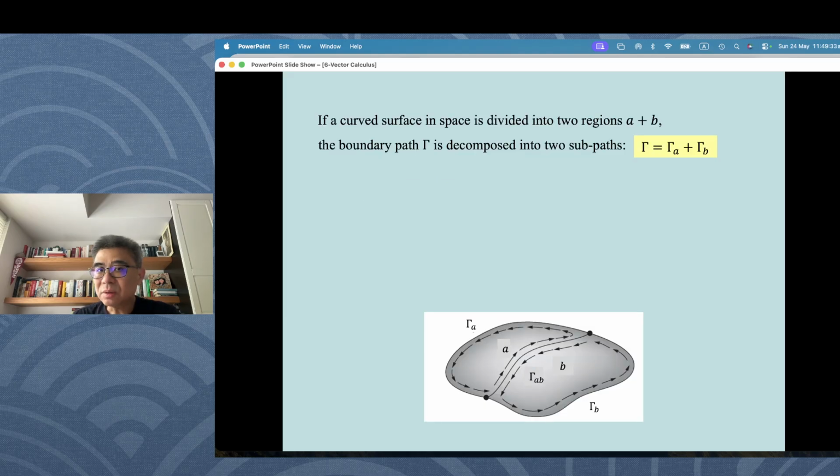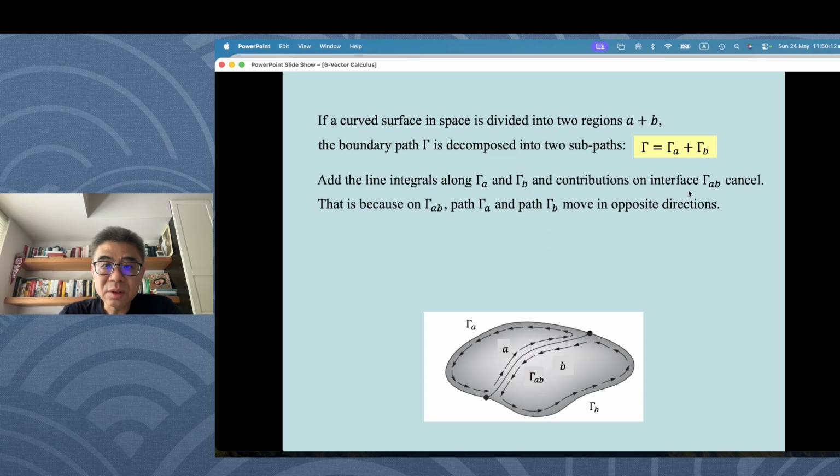And the key observation is very similar to what we used in Gauss's law. Here, we face a curved space and its boundary. Now, if the curved space can be divided into two regions, A plus B, like in the following diagram, then the boundary gamma of the original space would be divided into gamma A and gamma B. These two subpaths have an interface in between.